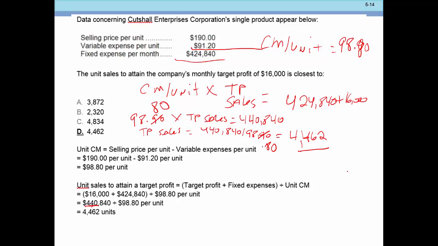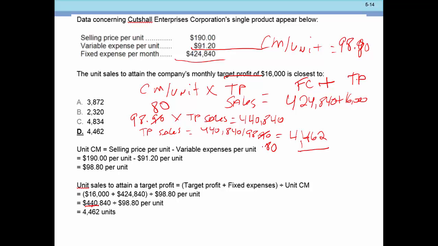I'm going to sit here and set up my problem. Contribution margin per unit times my, and now I'm calling it target profit sales, has to equal my fixed cost plus what? Plus my target profit here is $16,000, doesn't it?